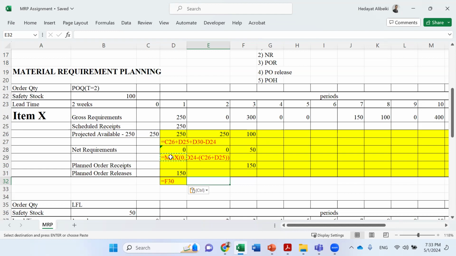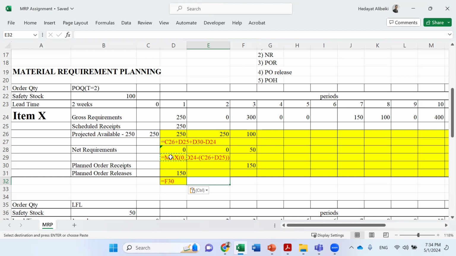Okay, so this was lot for lot, but here it says period order quantity for this quantity, right? We're doing it for 2 periods. The next requirement is 50.